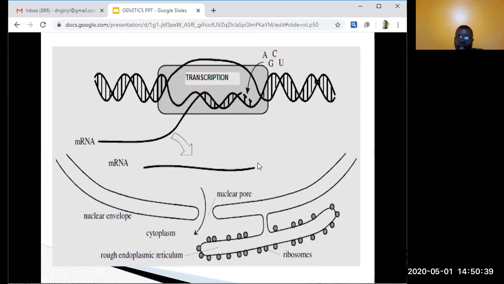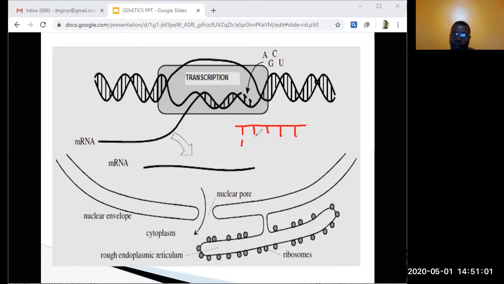Maybe I can illustrate more. Where is my pen? I'm going to use red color to represent one of the DNA strands. Then I put the organic bases.